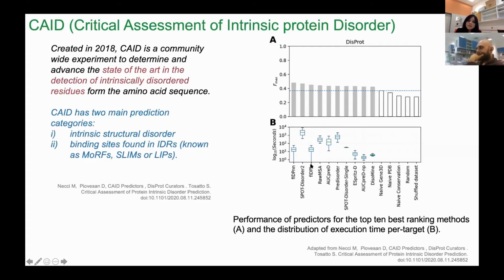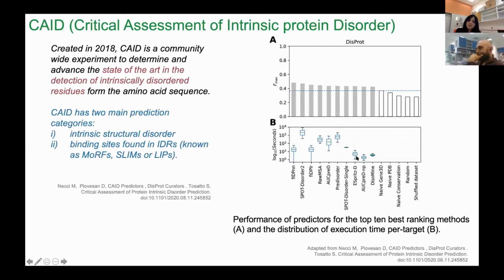Every one of these is a different disorder predictor, and the gray bars are the 10 disorder predictors with the best accuracy ranking. More importantly, as you can see here, they are almost equally accurate, but they differ in the time they take to predict.